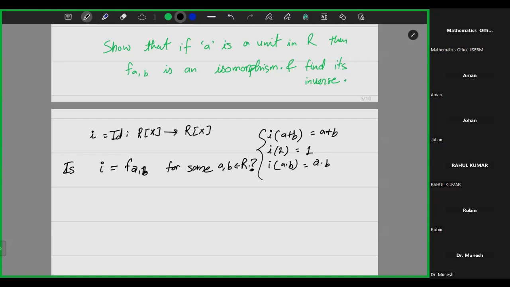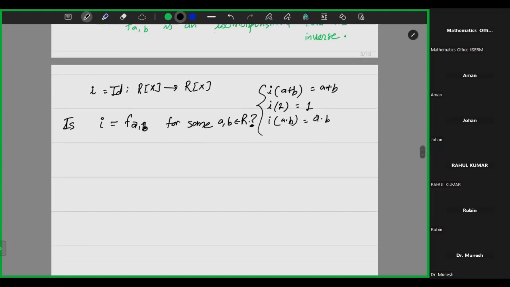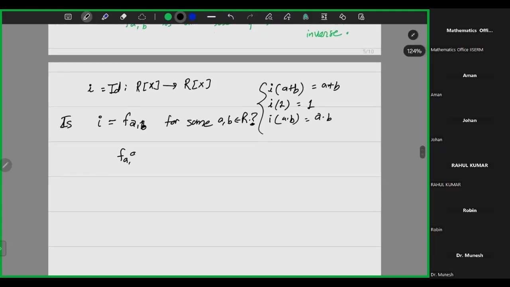Someone can help me out finding a and b here. So f_{a,b} applied to p(x) becomes p(ax+b). And what we want is that f_{a,b} equal to I, that is, this is equal to I of p(x), right?